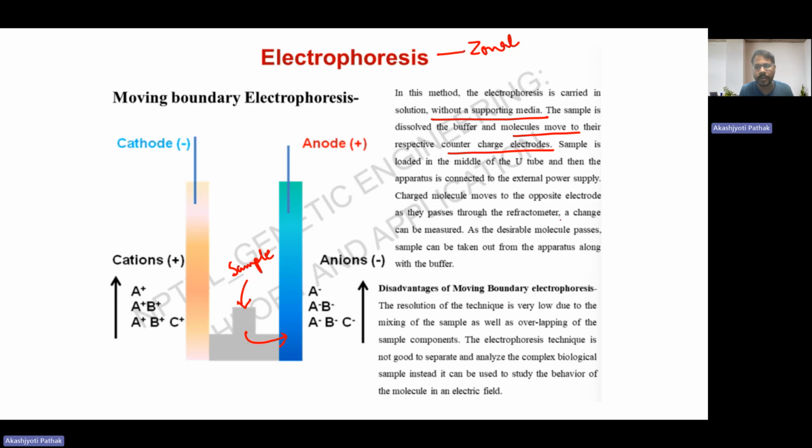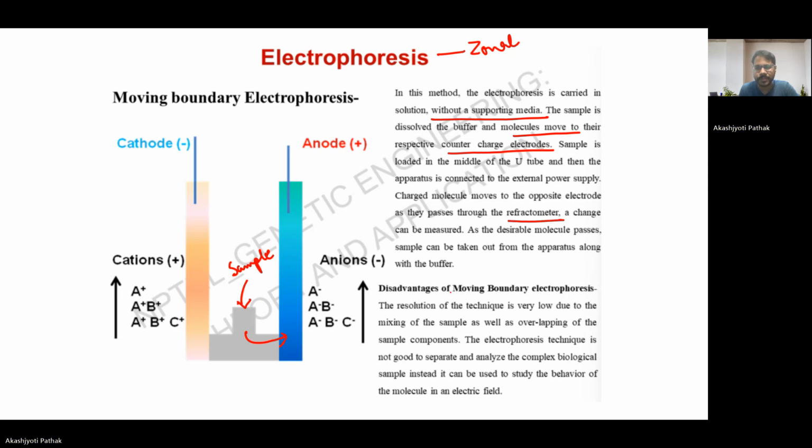Your charged particles will get separated, and as a result, on one side there will be a concentration of positively charged particles, and on the other side a concentration of negatively charged particles. As a result, there will be a change in refractive index that can be measured using a refractometer.